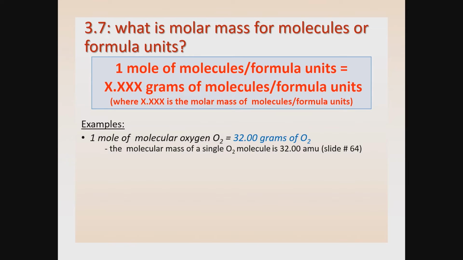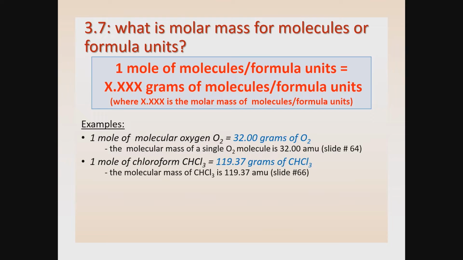So for example, we know at this point that a single oxygen molecule, which is O2, has a total molecular mass of 32.00 AMU. What that basically says, because again its molecular mass is 32.00 AMU, is that 1 mole of oxygen will contain 32.00 grams.